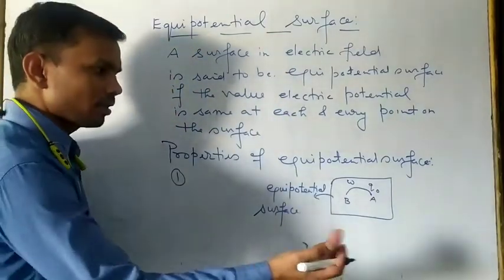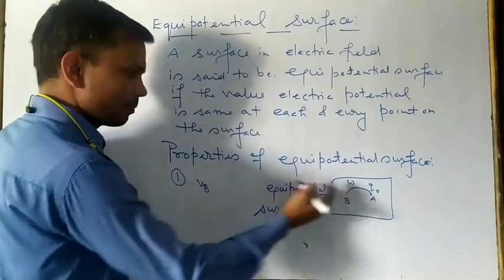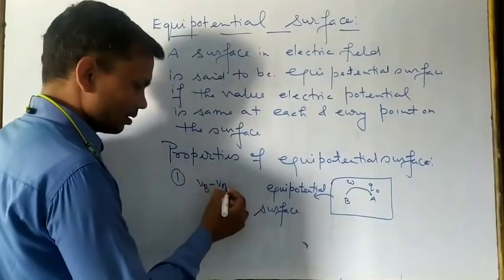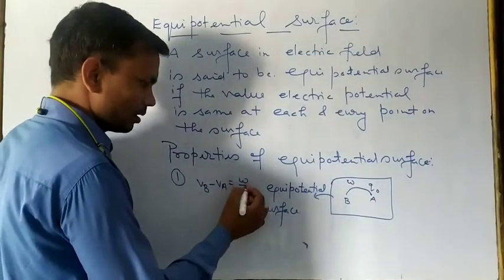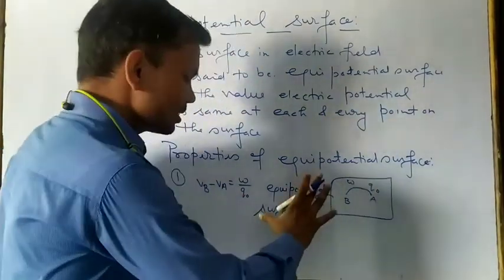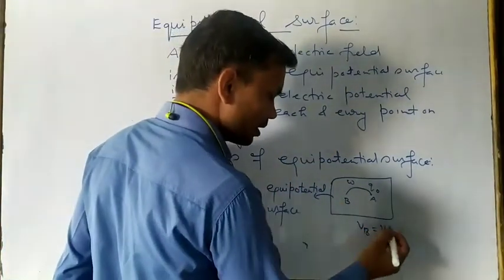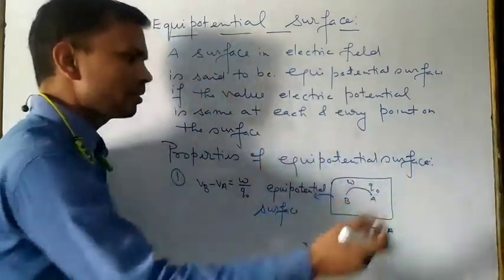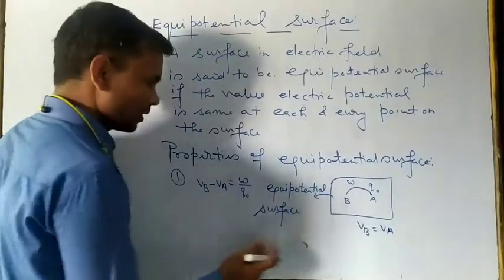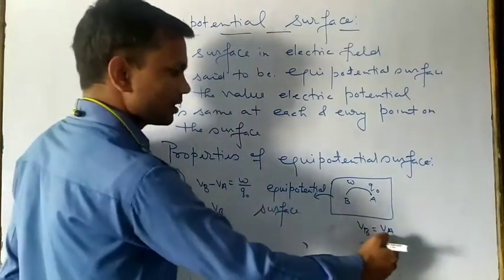Then by the definition of potential difference, VB minus VA equals W upon Q0. But if this is an equipotential surface, then definitely VB equals VA, because at each and every point the value of electric potential is the same.